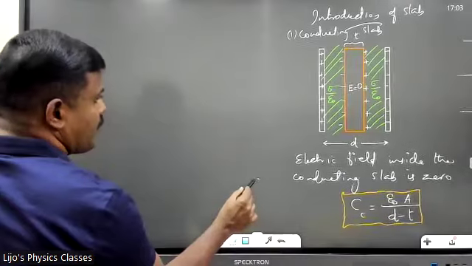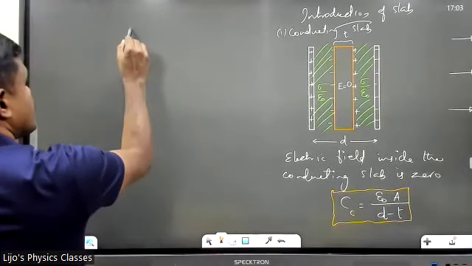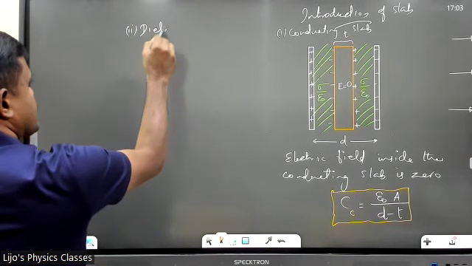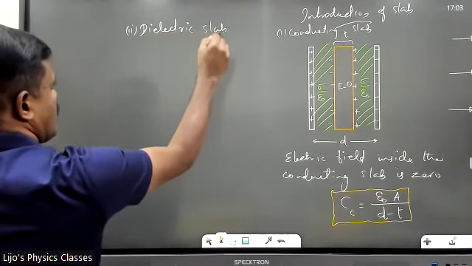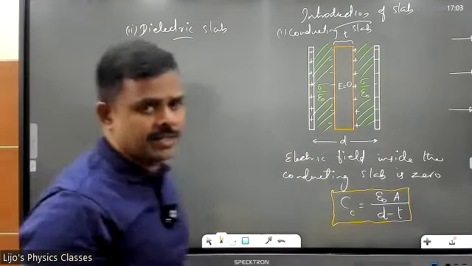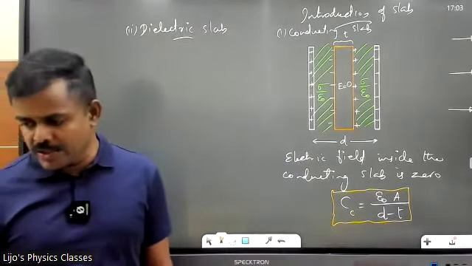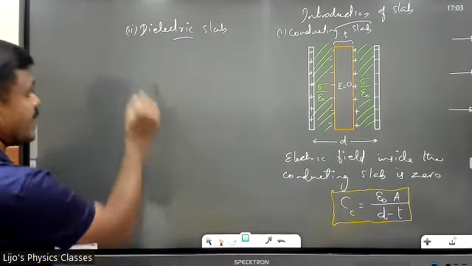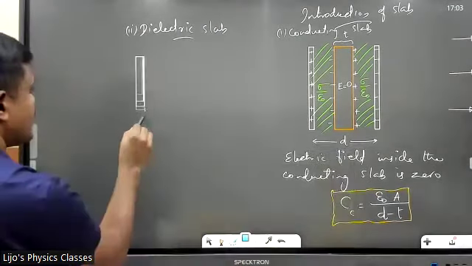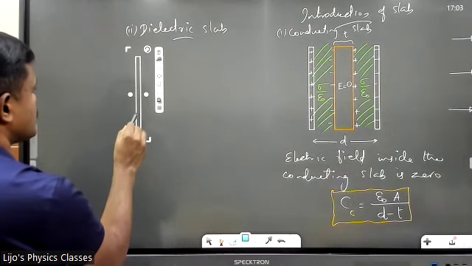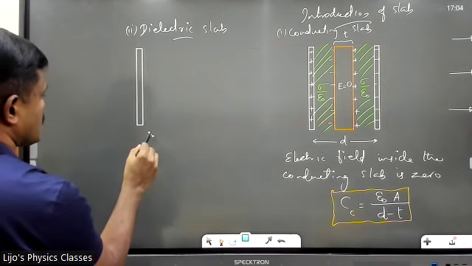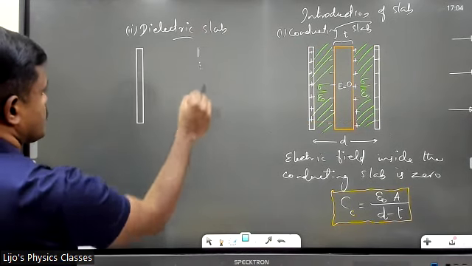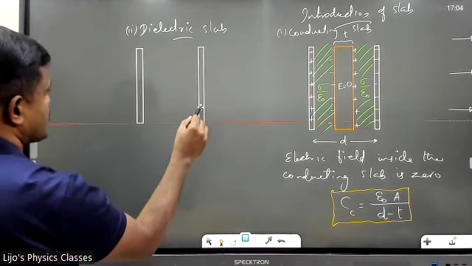Now, draw the case of a dielectric slab. Number 2, dielectric slab. Dielectric means what? Non-conducting. Dielectric means insulator. Do the same thing one more time. Same capacitor I'm drawing one more time.